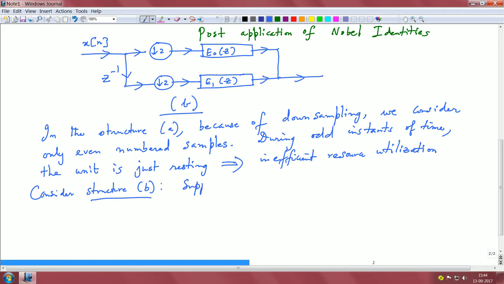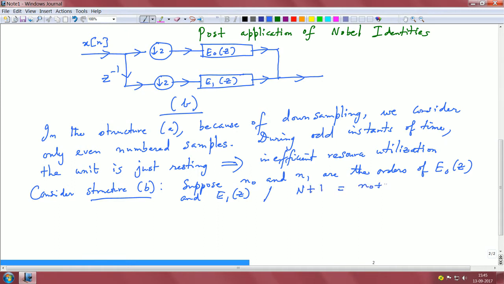Suppose N0 and N1 are the orders of the filters E0 of z and E1 of z, such that N plus 1 is N0 plus N1 plus 2.